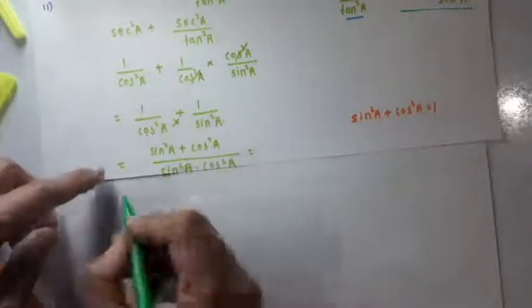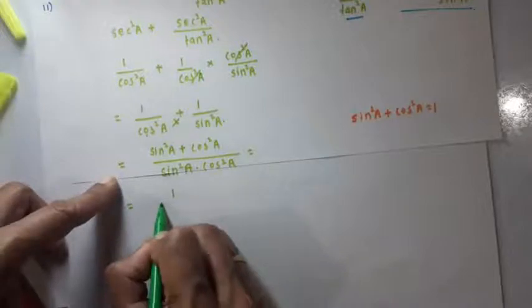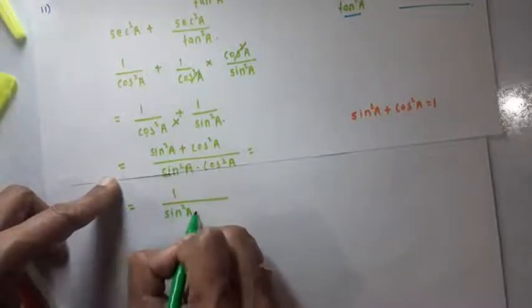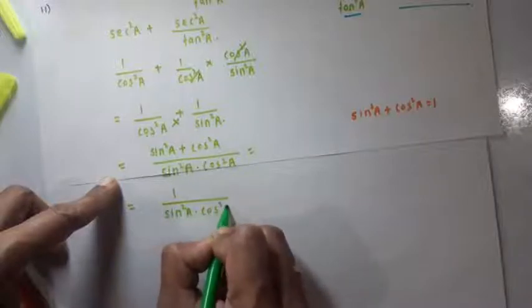So here the numerator becomes 1, giving 1 upon sine square A into cos square A.